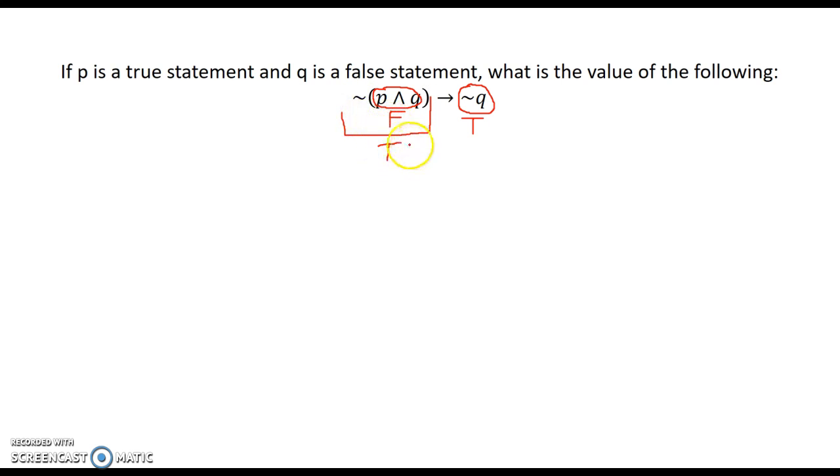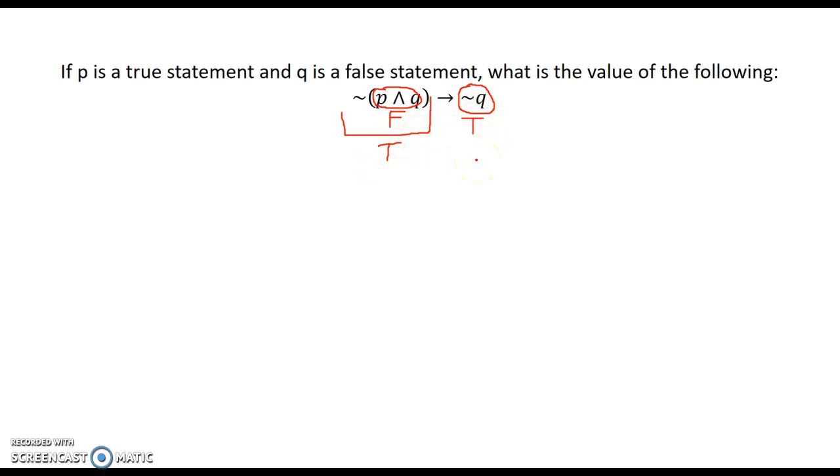So finally we're boiled down to trying to figure out true implies true. Is that true? True implies true. Well, remember, when we're dealing with an implication here, it's almost always going to be true. The only time that an implication statement will be false, or a conditional statement, we can also say it like that, is if this would be true and this would be false.